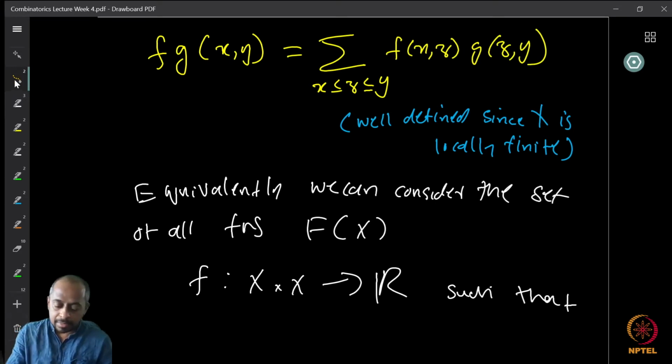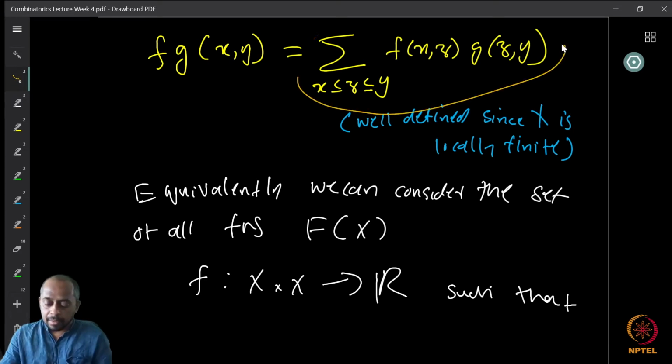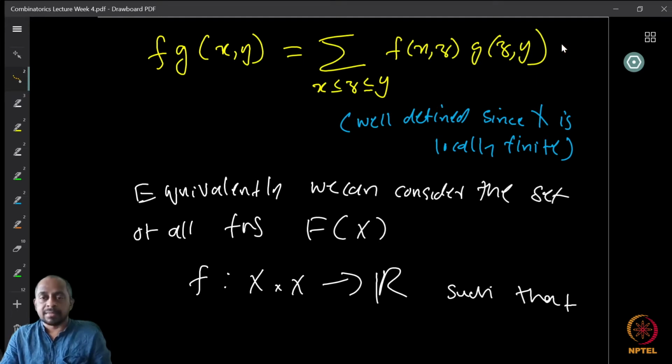This summation is well defined because we assume that X is locally finite, which means that the set of all such z is finite, so the sum is finite. Therefore, this product is well defined.